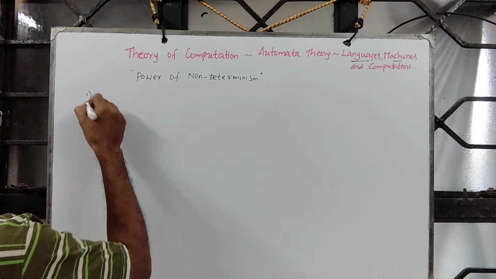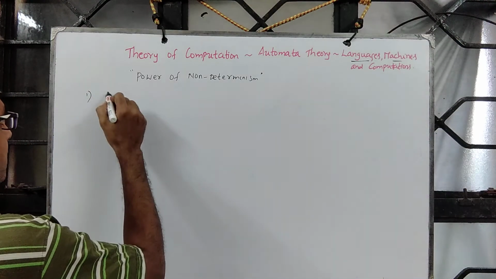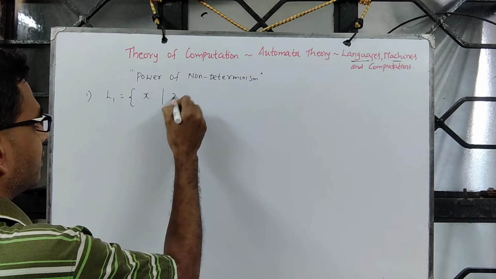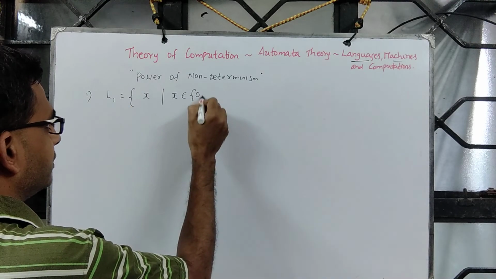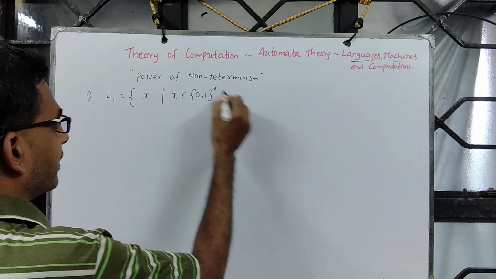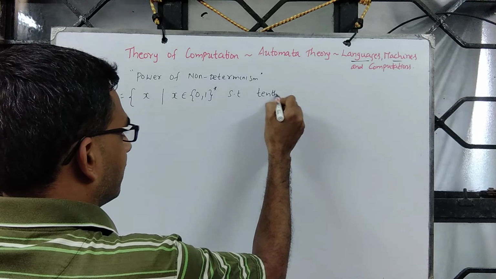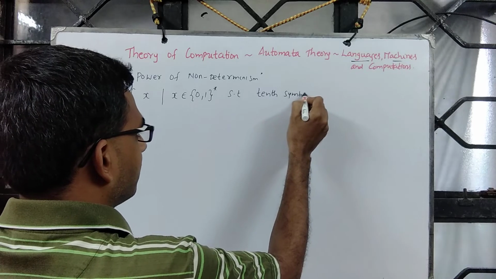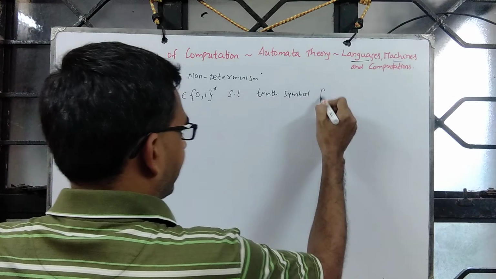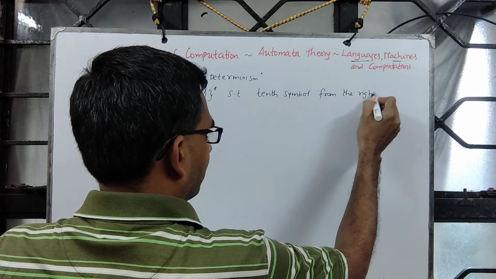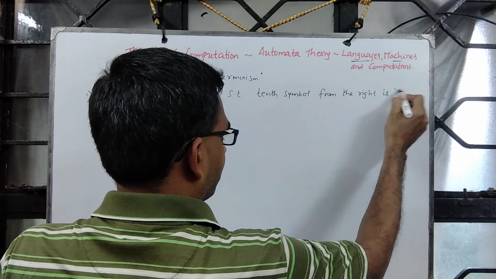For example, let's look at this language consisting of set of strings, say over 0, 1, such that the 10th symbol from the right is 1.